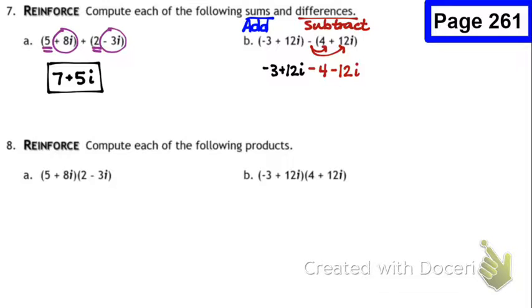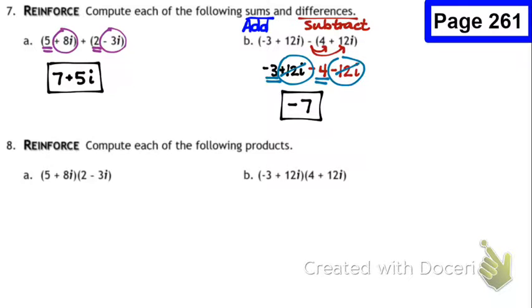What are the like terms we're going to combine? 12i and negative 12i is a 0. Those will cancel. So what do I get when I combine the other pieces? Negative 7. Is that complex anymore? No, the imaginary part canceled out, and I'm only left with the real part.